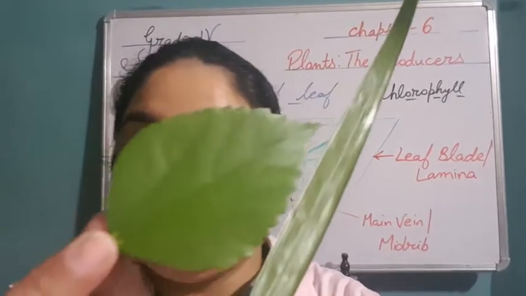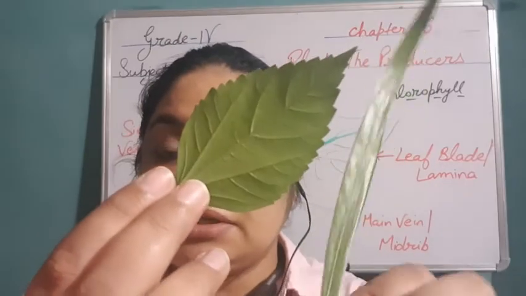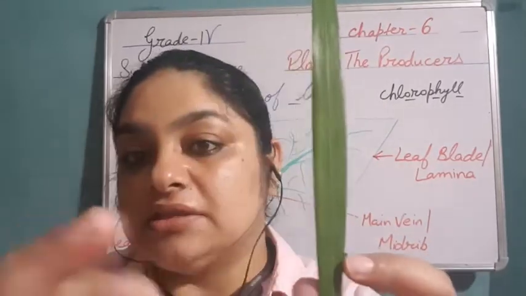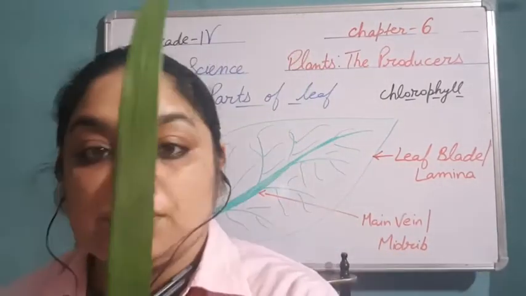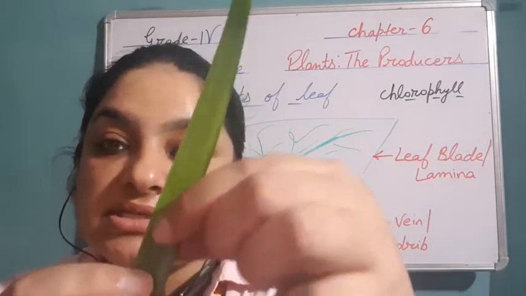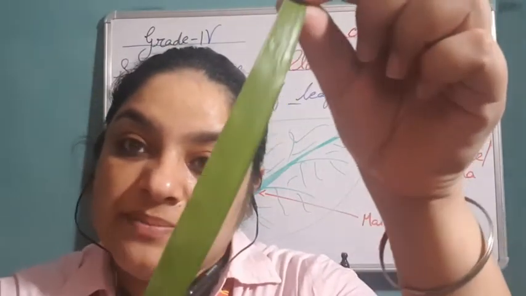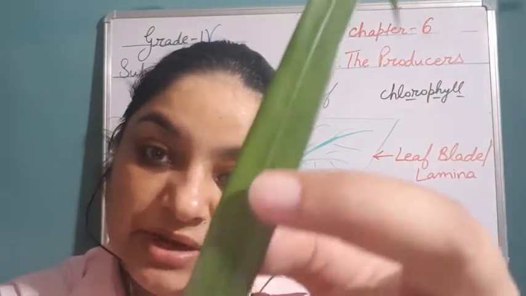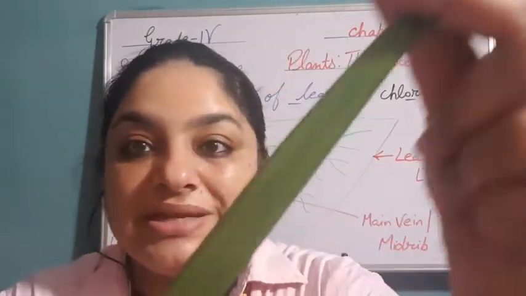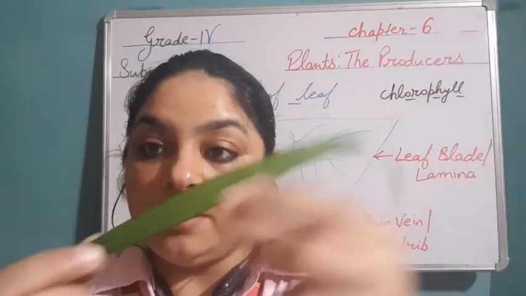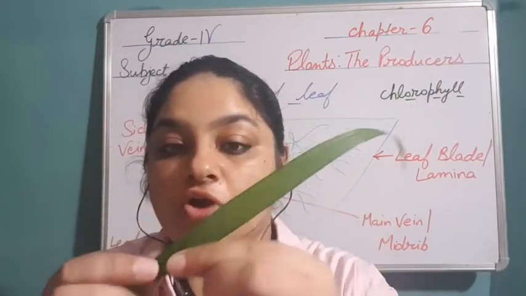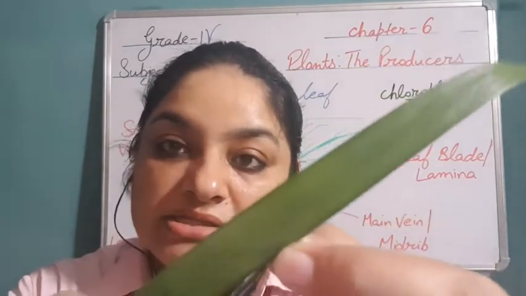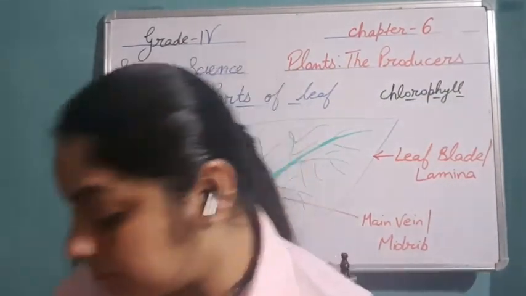The structure of the lines on the leaf is different in this one, and you can see parallel lines in this leaf, right? So in this leaf, this is the main vein, this one center line. This is the leaf blade or lamina, this is the petiole or leaf stalk, and these small lines parallel to each other are known as side veins.